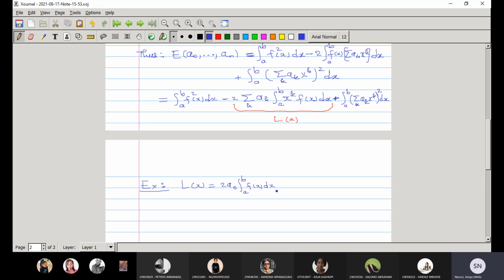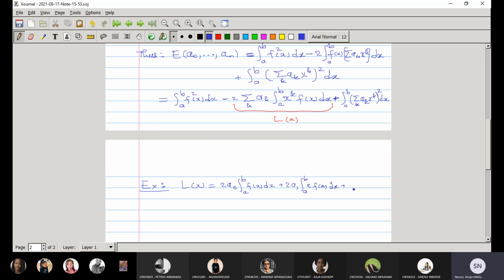You see, this is what I have. Plus, when k is equal to 1, I have 2a1, same thing, integral, now with x here, f of x dx.